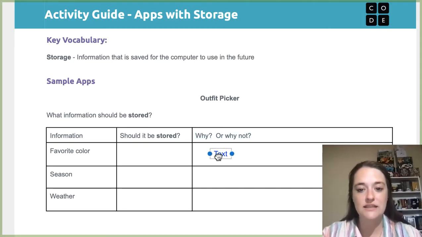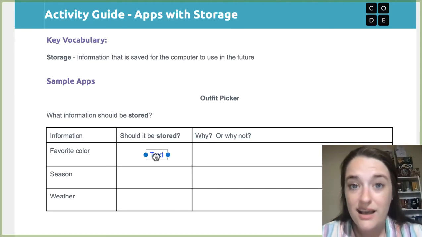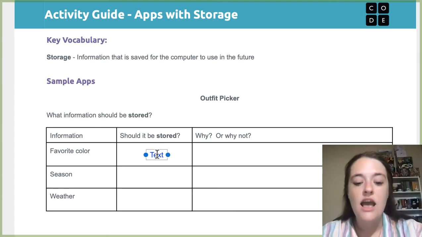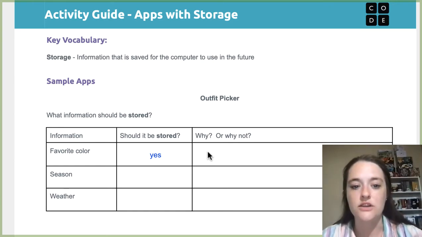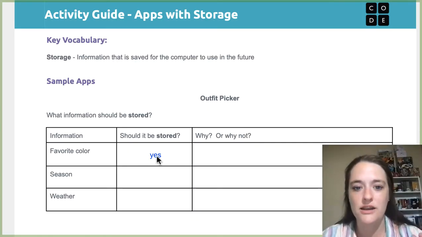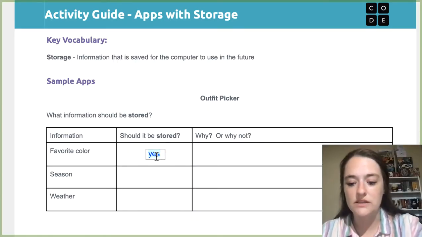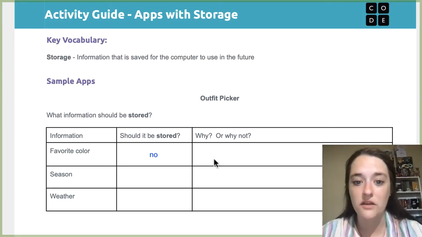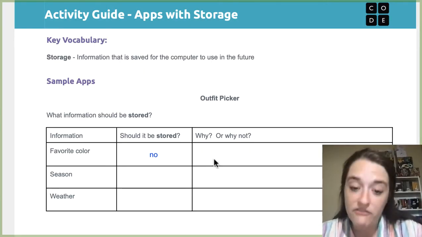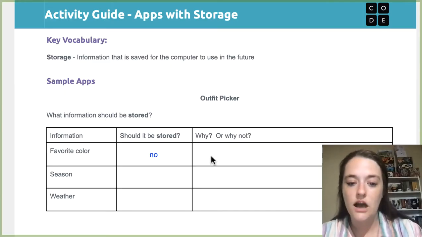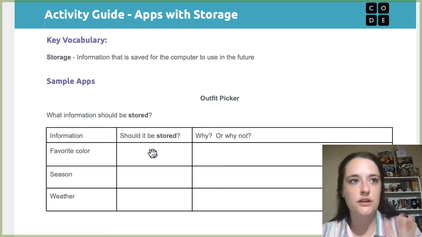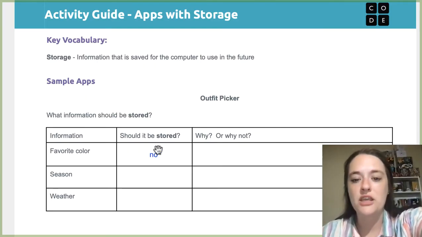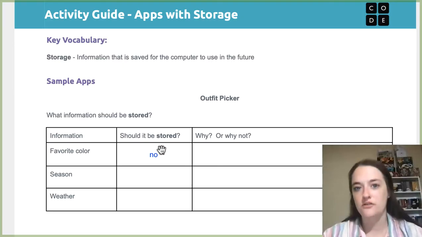Okay, so if I made this app just for me, I'm not planning on letting anybody else use it. Yes, I'm going to store my favorite color. Okay, why? Because this app is for me. I don't plan on letting anybody else use it. If I do want other people to use it, if I'm going to put this in the App Store, I'm not going to store my favorite color because other people might use it. Now, maybe in the app I could give people the option to store their favorite color.